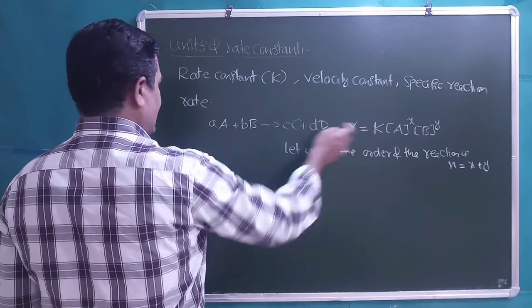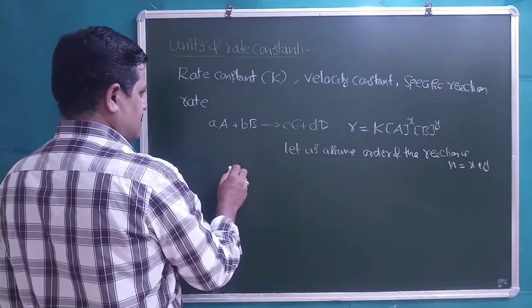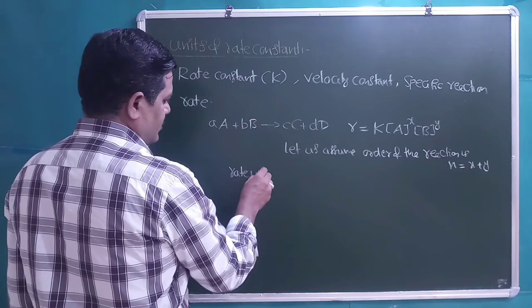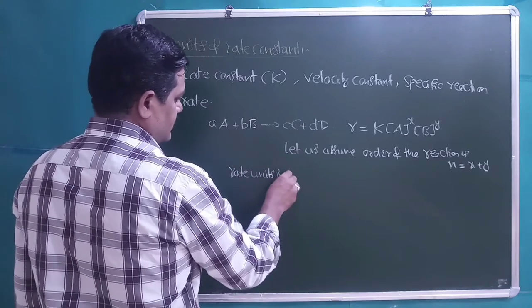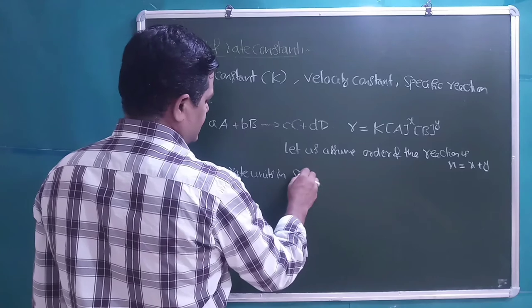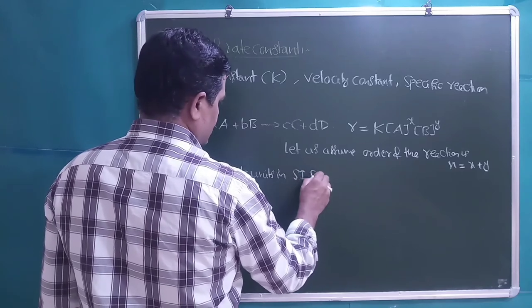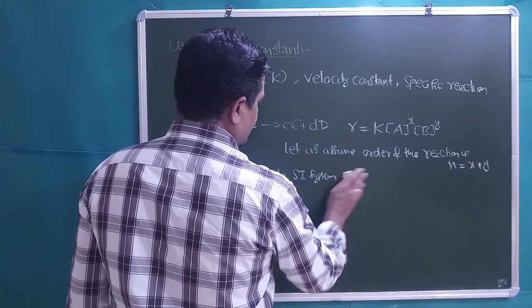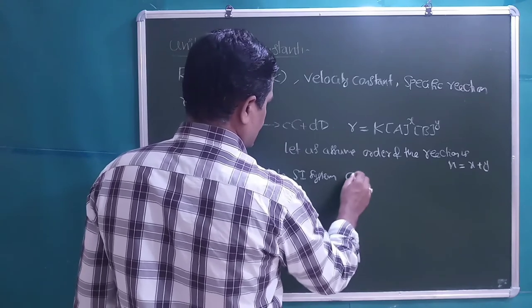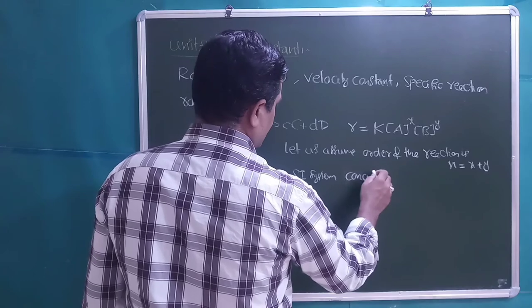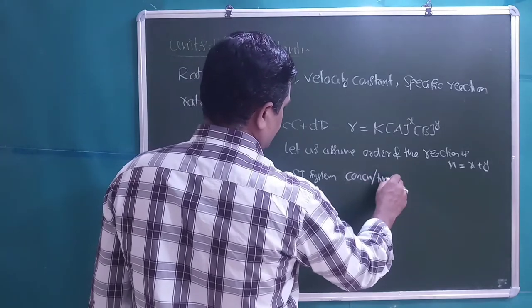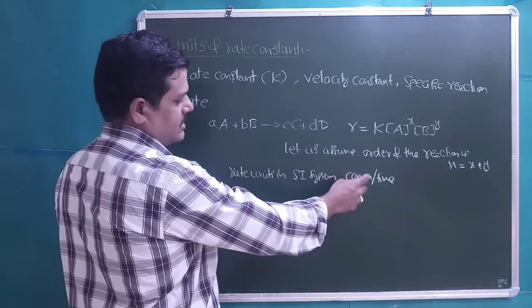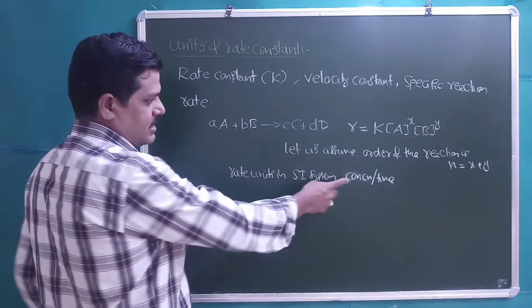Then students, we can write the rate units in the SI system as concentration divided by time, where the concentration unit in SI system is mole per liter.